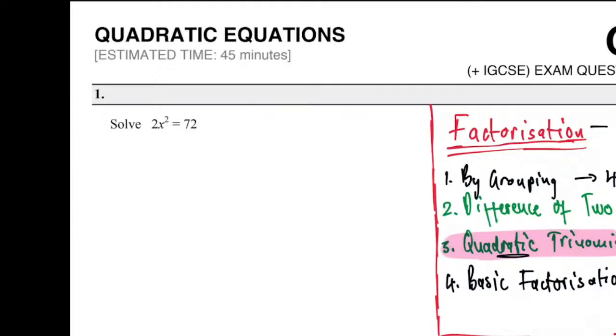You can model them as an equation. So an equation is something real. When you are solving it, you are trying to find its solutions, and the equations you'll be solving will be quadratic equations.